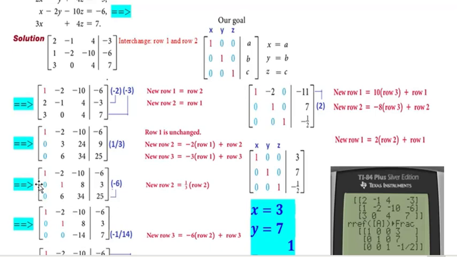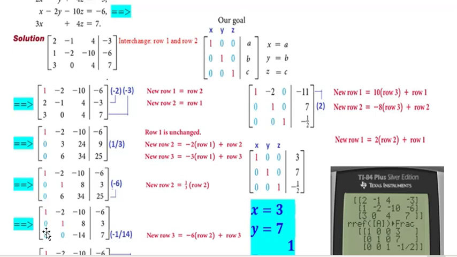Minus 6 times 0 is 0. 0 plus 0 is 0. Minus 6 times 1 is minus 6. Minus 6 plus 6 is 0. Minus 6 times 8 is minus 42. Minus 42 plus 34 is minus 14. Minus 6 times 3 is minus 18. Minus 18 plus 25 is 7.